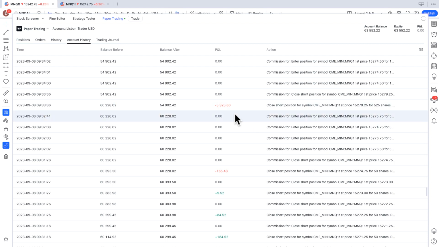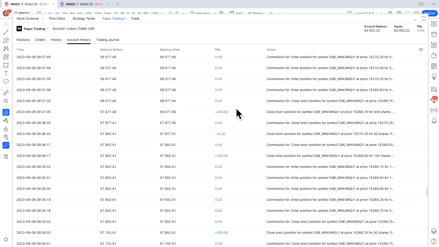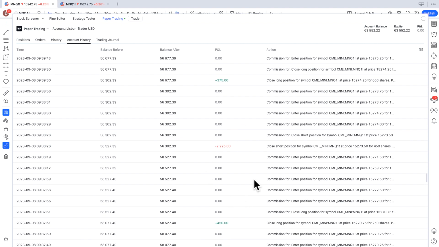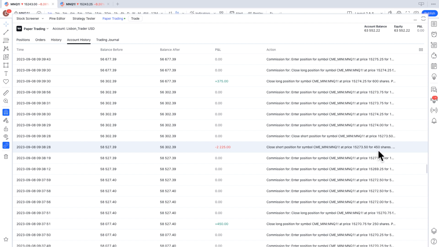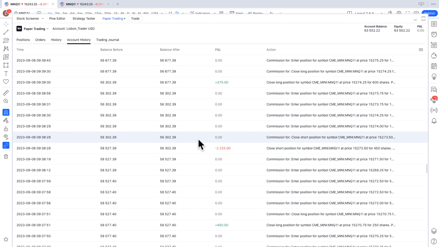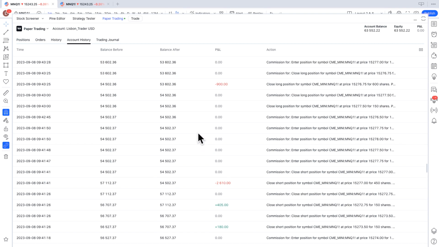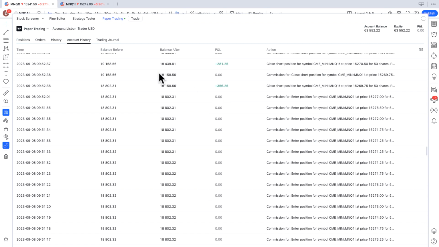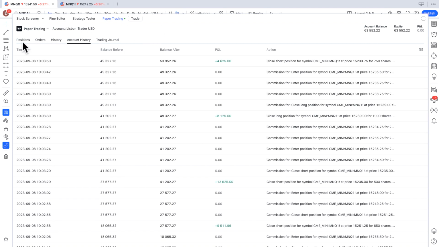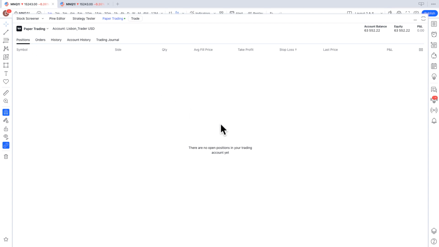So this was a big drawdown, 5k. This does not count, it spreads. So okay, so 70% win rate. That's it. And that was it.